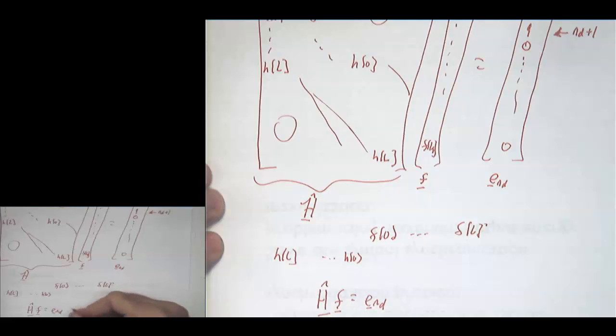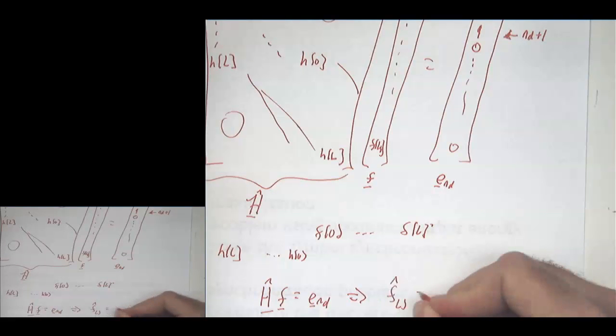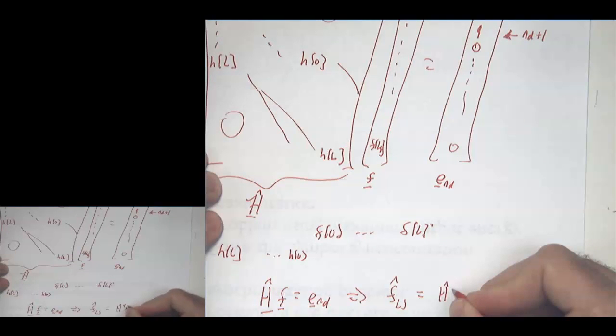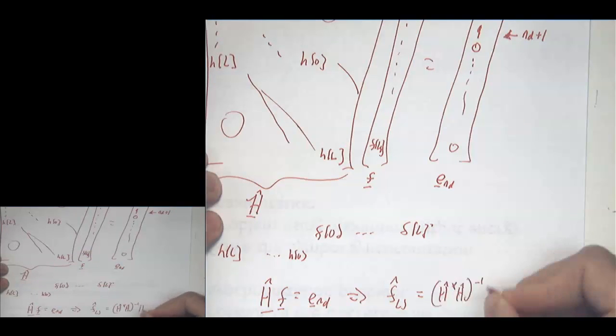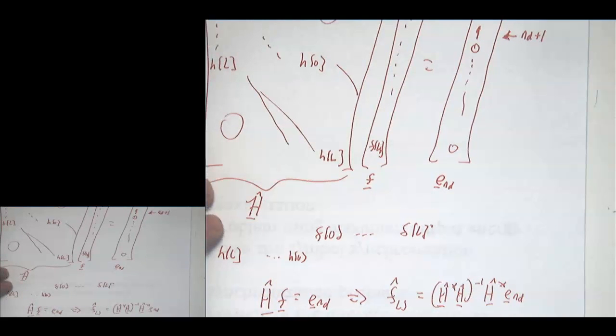And now we can plug in the least squares solution. So we get f hat equal to (h hat star h hat) inverse h hat star e of n d here. And so that's our least squares equalizer solution. So look at what's happening here.